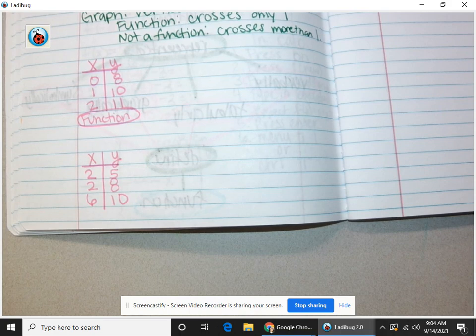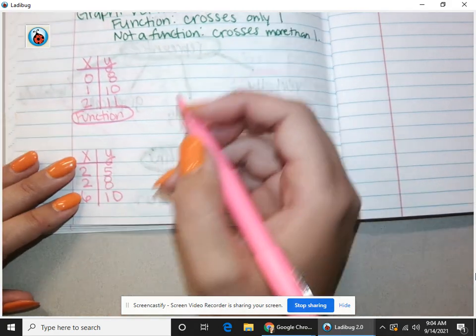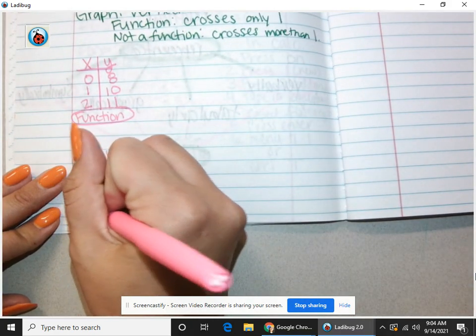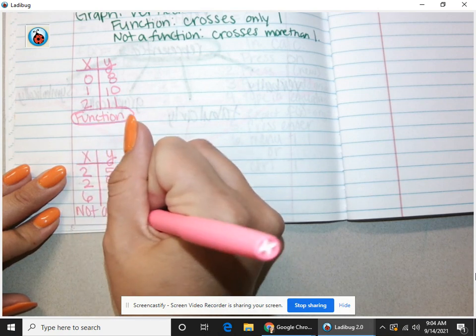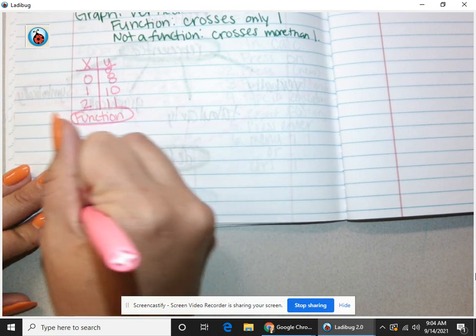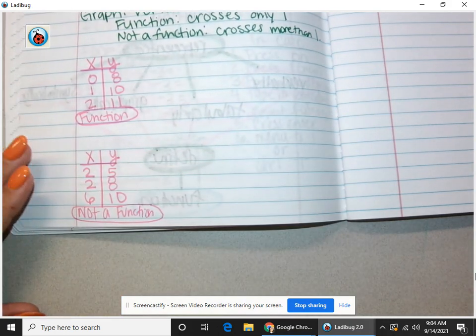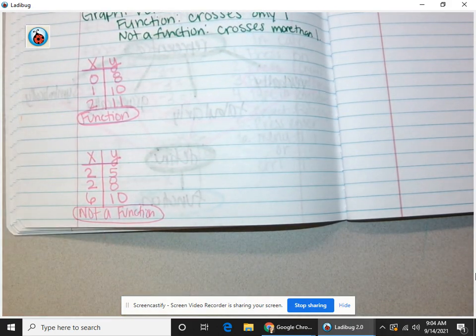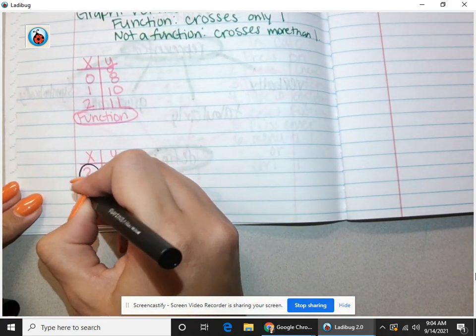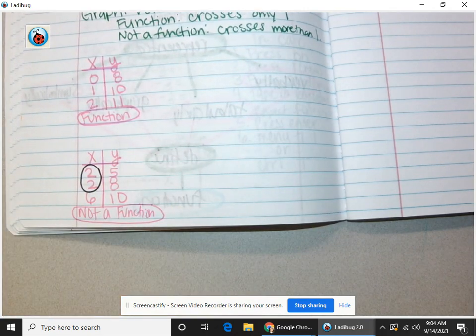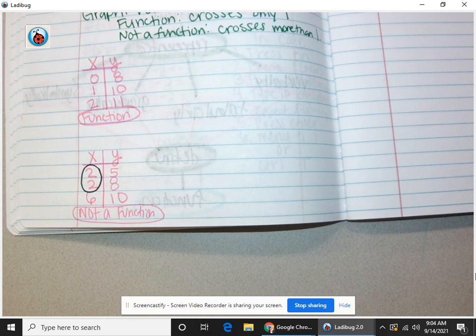Is this a function or not a function? Not a function. Why is it not a function? The x's repeat. This right here is why it's not a function. These two x's, these two 2's. Any questions?